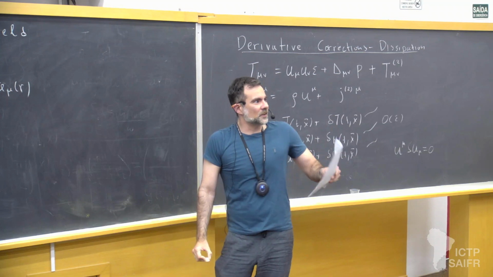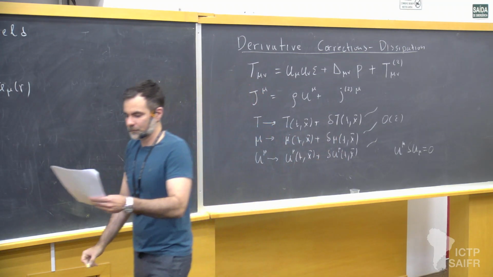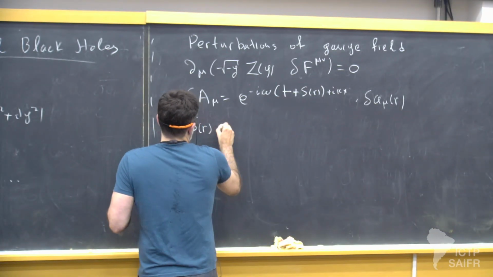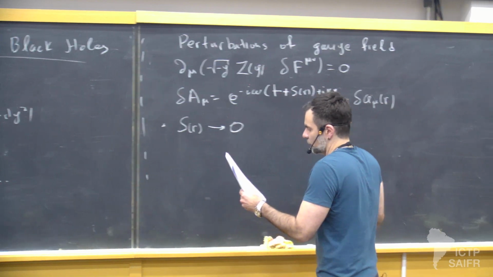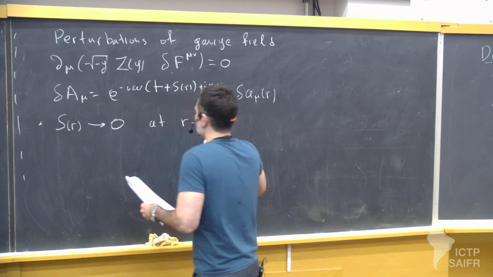But I want s to have a specific behavior close to the boundary and close to the horizon. So s of r should be going to 0 very fast as r goes to infinity, close to the boundary.